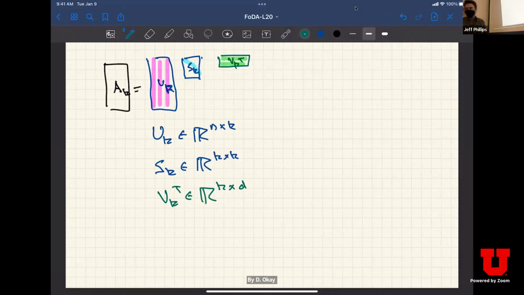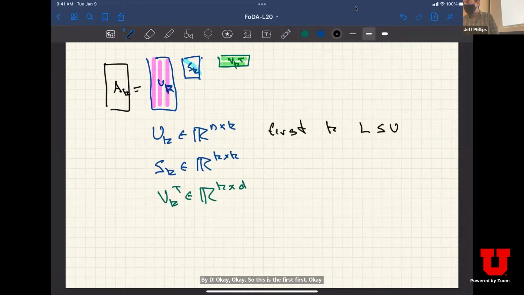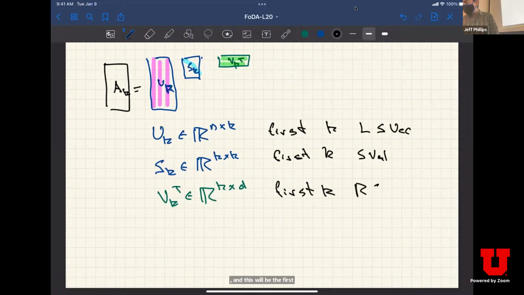So this is the first k left singular vectors, the first k singular values, and the first k right singular vectors. I can recover these. This is another way to get the best rank k approximation.